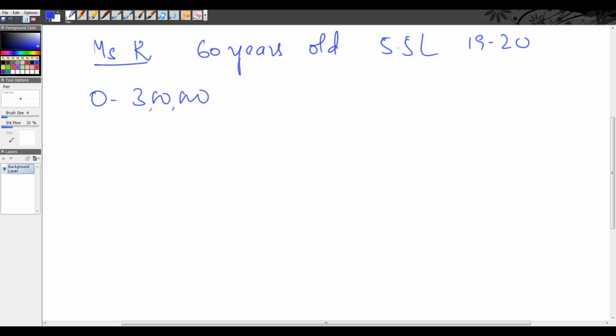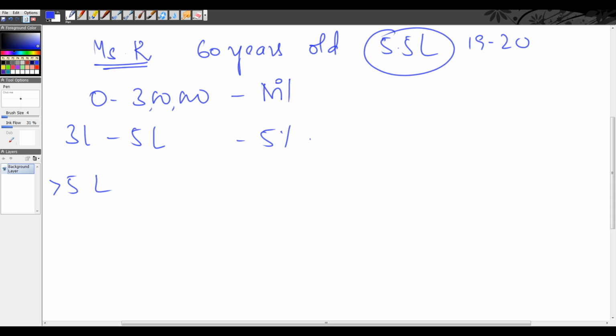That means Miss R need not pay anything up to rupees 3 lakhs. That means even if she earns 2,99,000, she will not be required to pay anything. So therefore it is nil. From 3 lakh to 5 lakh, it will be 5%, and from above 5 lakhs, in this case I will restrict to this because her income is only 5,50,000. Above 5 lakh it will be 20%.